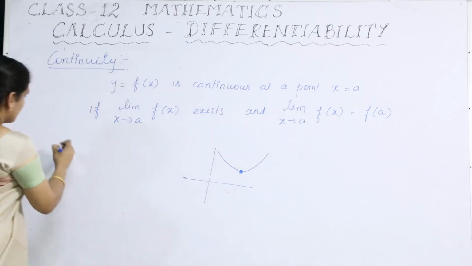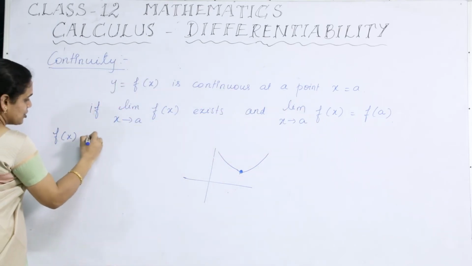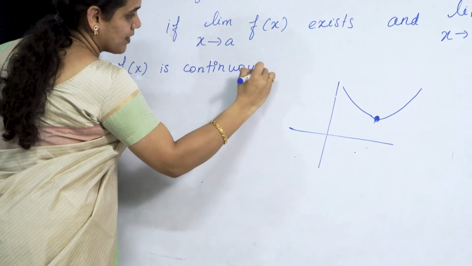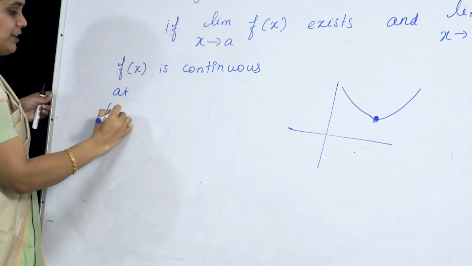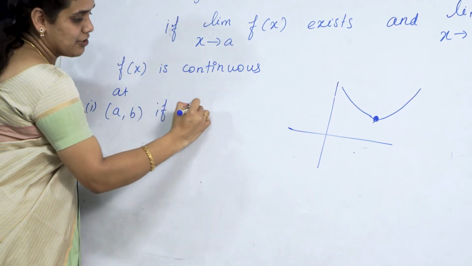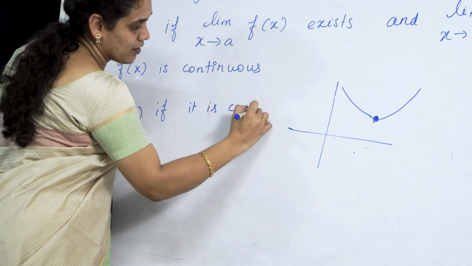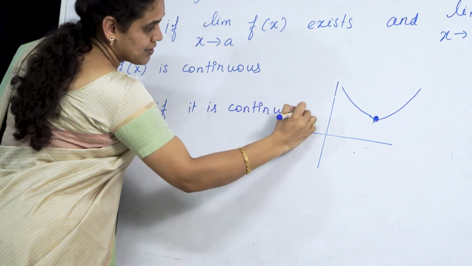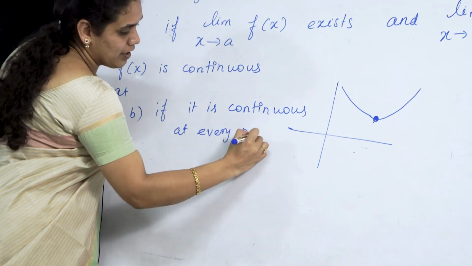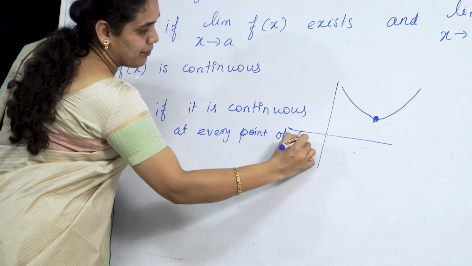So if you say that f(x) is continuous on the open interval (a, b), it should be continuous at every point of (a, b).